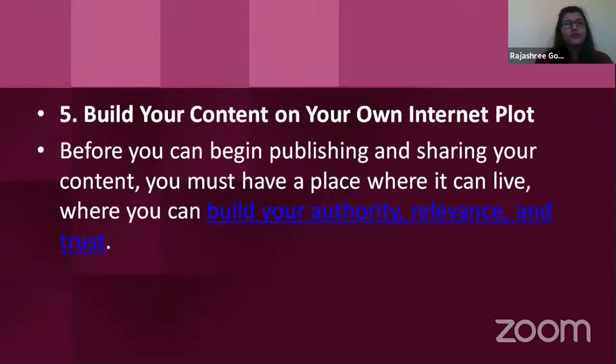And number six is build your content on your own internet plot. Before you can begin publishing and sharing your content, you must have a place where you can be live, and that is the social media platforms. Try to publish your content there. Try to gain the trust of your consumers and also gain their relevance.